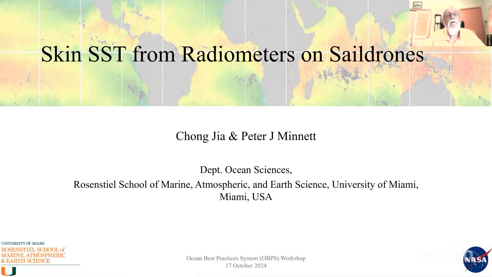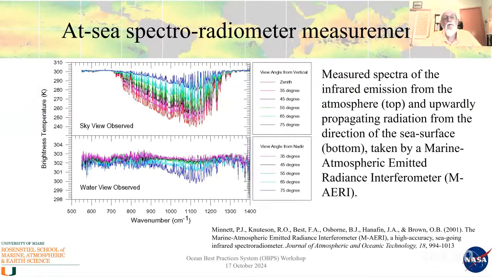So these are two spectra not taken from sail drone data, but taken from the Marine Atmospheric Emitted Radiance Interferometer, which is the instrument we use to derive skin temperature on ships or from ships. And the bottom set of curves are plotted as a function of wave number, which is what people in this field usually use rather than wavelength, but it's a reciprocal wavelength.